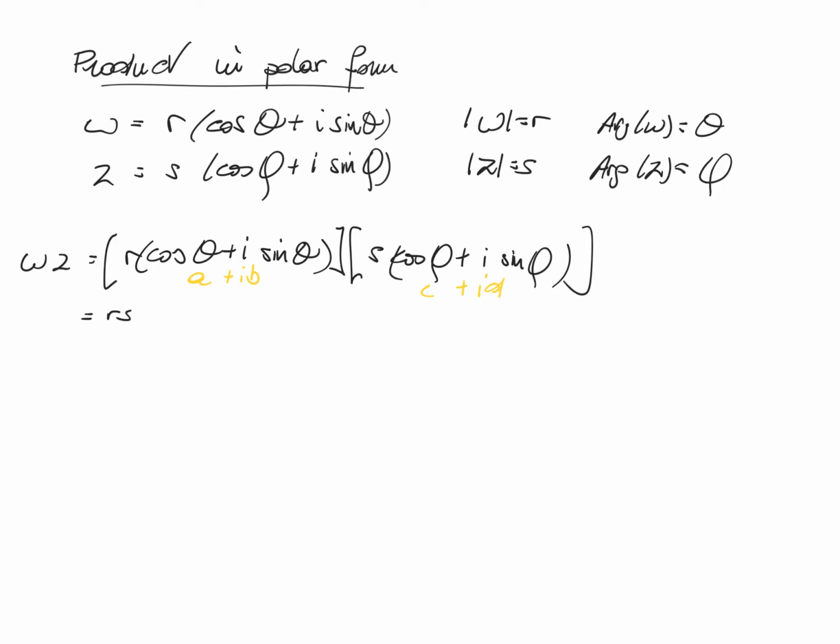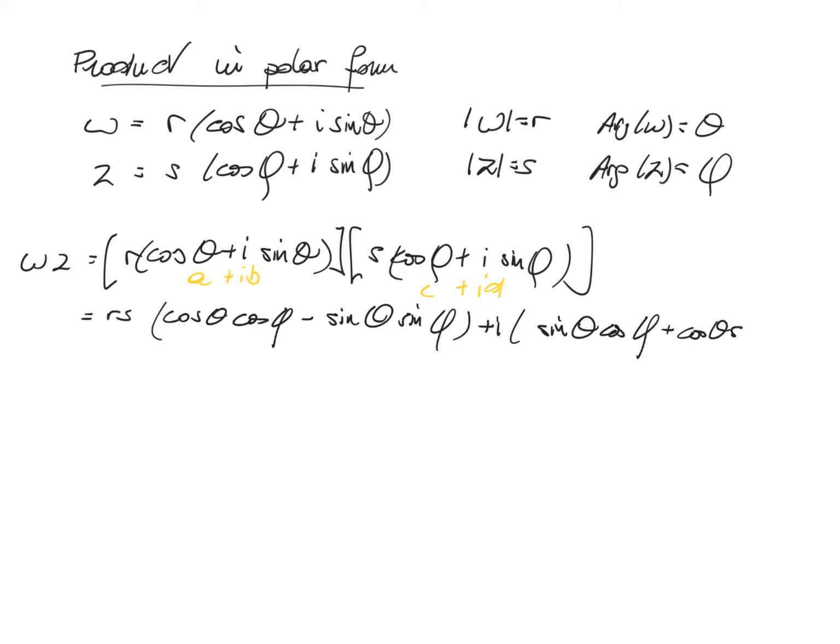This multiplication then becomes cosine theta times cosine phi minus sine theta times sine phi plus i times sine theta cosine phi plus cosine theta sine phi. Then we use trigonometry to see that cosine theta cosine phi minus sine theta sine phi is just cosine of theta plus phi.